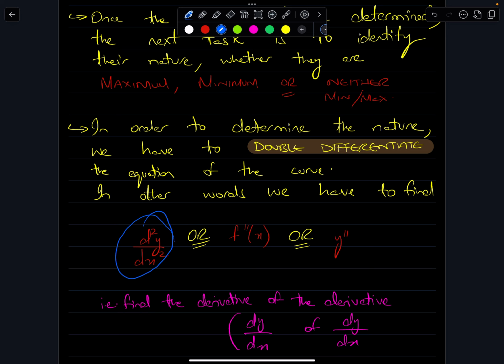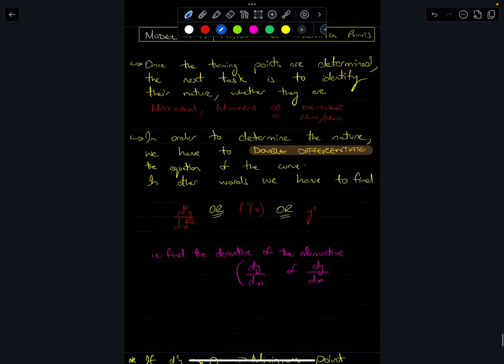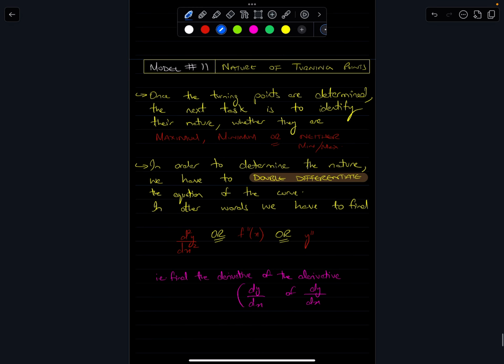This is the notation for the double differential, or you can write this as f double dash x or y double dash. Thus, in simple terms, in order to find the nature of the turning point, we need to find a differential of the differential.